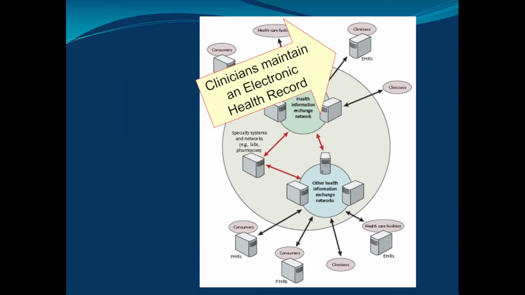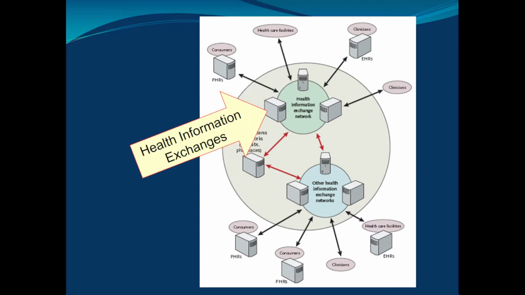Clinicians maintain an electronic health record which maintains information from multiple sources within the organization about the patient. Health information exchanges allow the transfer of information among various clinicians and patients.